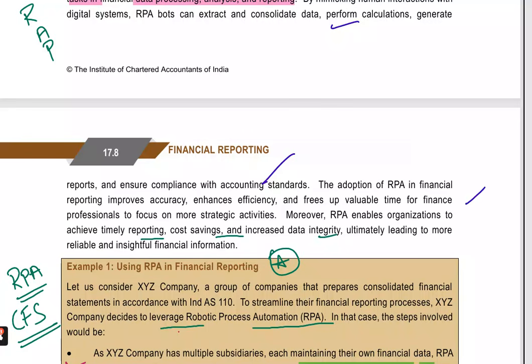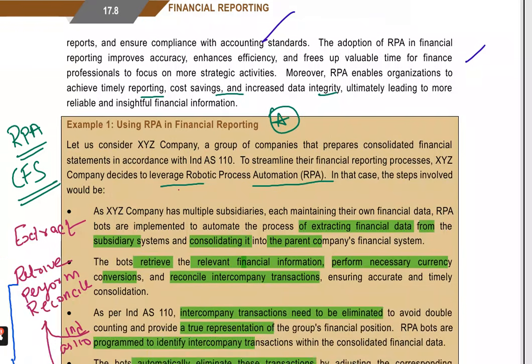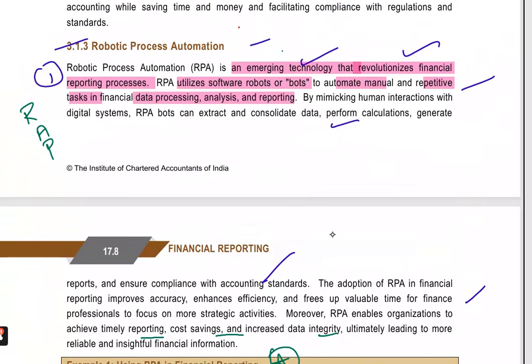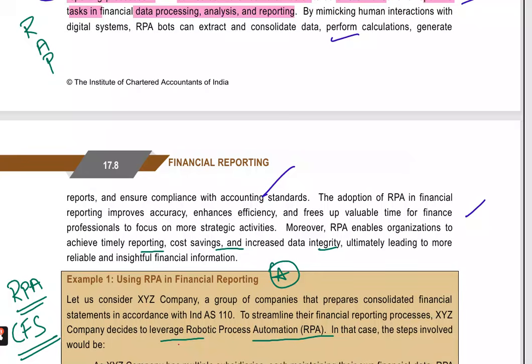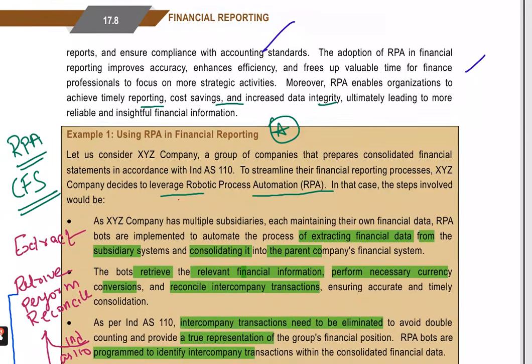You can focus on the important strategic areas rather than on repetitive tasks. Timely reporting, cost savings, these are some points you can consolidate and write, but whichever I have marked in pink or important, you have to try to replicate the same.